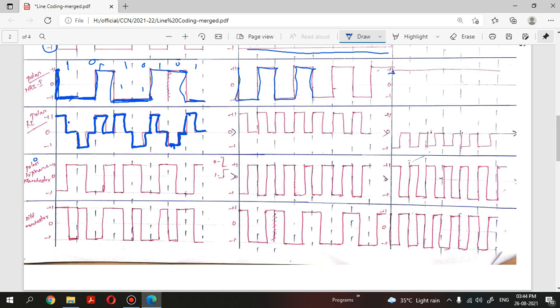Look at how it reacts to baseline wandering and DC component input. For 1 we already know I'll have a voltage variation from positive to neutral. For 0, I'll have negative to neutral.